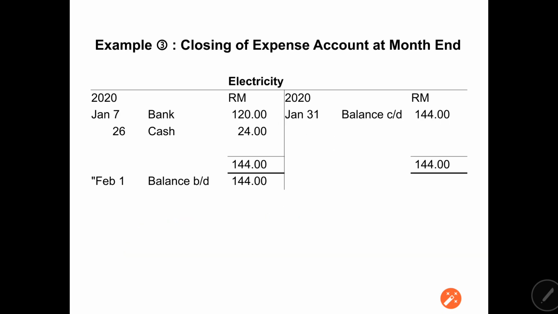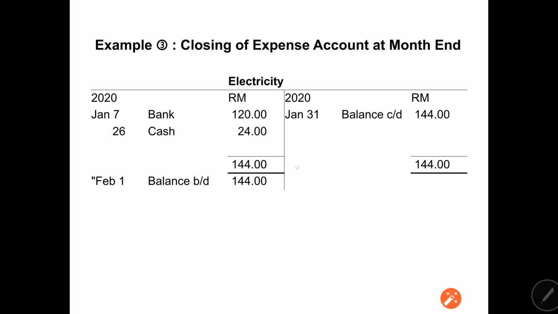Okay, another example is on the expense account electricity. 另外一个我们看的是费用。OK，我们花了120块在还我们的电费，然后同时呢，我们也有补交24块 cash 来去还这个电费。所以在结账的时候，when we do the closing it should be 144, and we write balance CD, and then bring down to next month as 1st of February, and then balance BD.